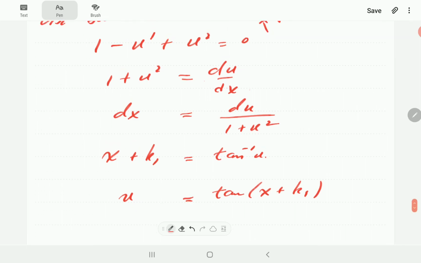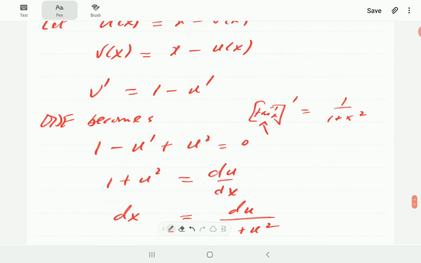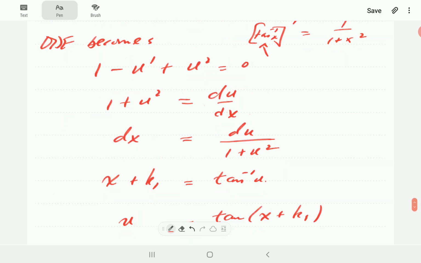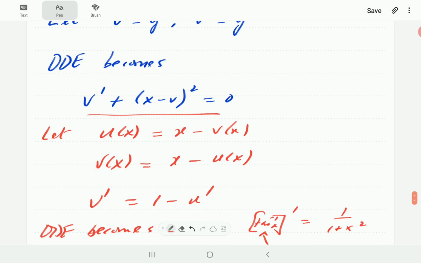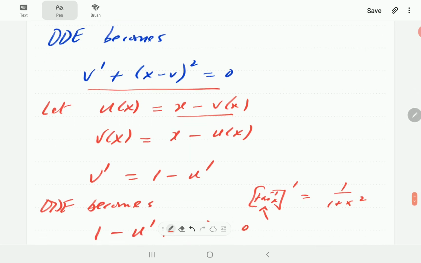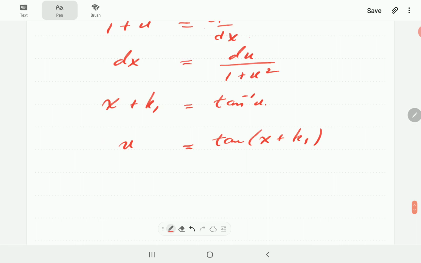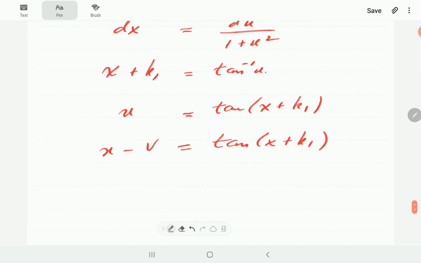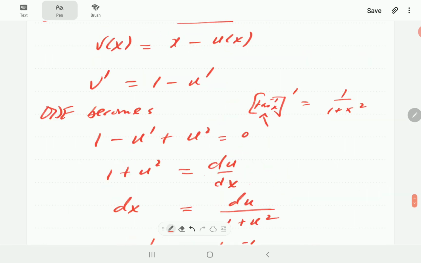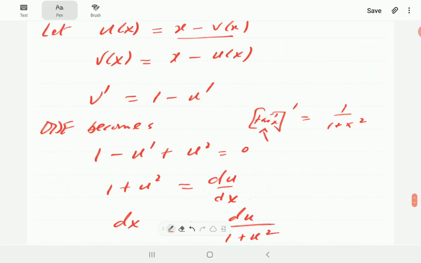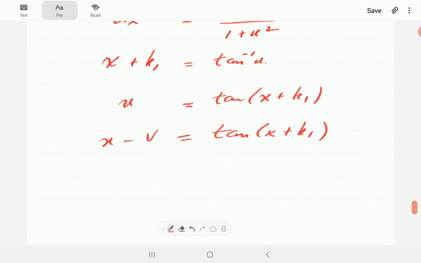And then we're going to have to substitute back. Remember, u is equal to x minus v. So x minus v is tan of x plus k1, and v is dy dx.